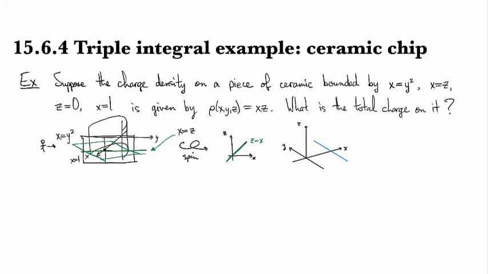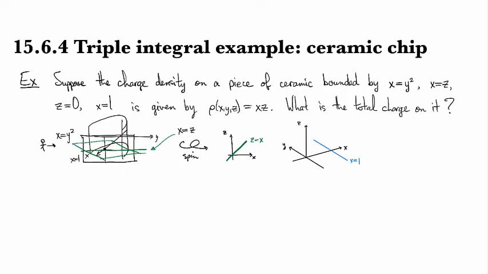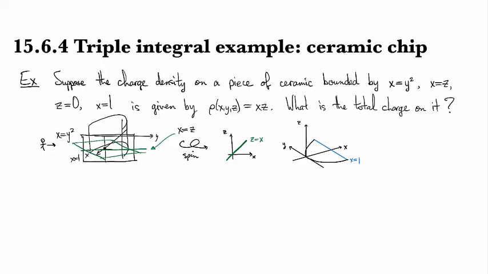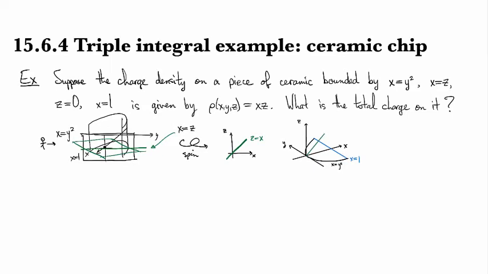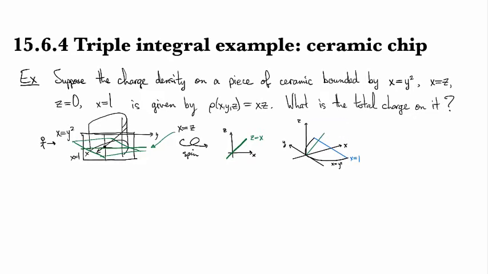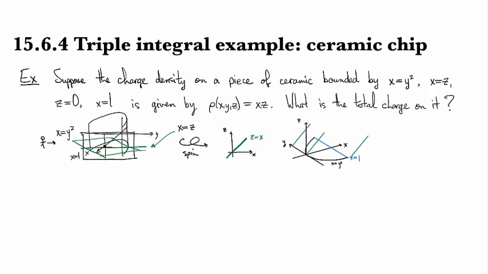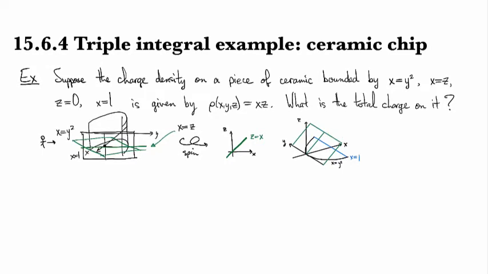Okay, so now I'm going to draw out here somewhere. This is going to be x equals 1, which is one of our curves, and there's our parabola, so that's x equals y squared, and then I've got a plane coming up diagonally, sort of splitting the difference between the two, because x is equal to z, so that's there, and it's also here and here and there.